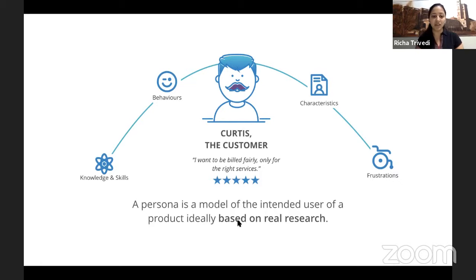So we need to know what their knowledge and skills are, what their typical behaviors are, what their frustrations are, what they generally tend to do, right? This helps us if we have a flip chart in our working space. It always helps us to go back to that and see not what would I do, because as we develop products, we tend to think of ourselves as users as well, but what would Curtis, the customer, do, because their needs and our needs would be totally different.